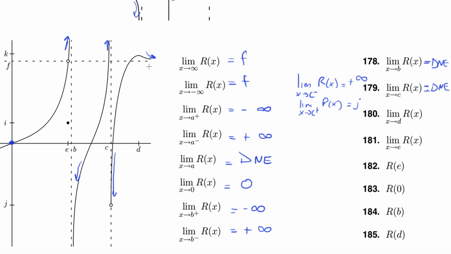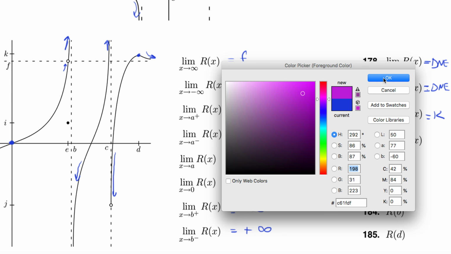From d, again, here, if you search it from the left and from the right, it is approaching K. At e, let me change colors because we've been using blue too much.